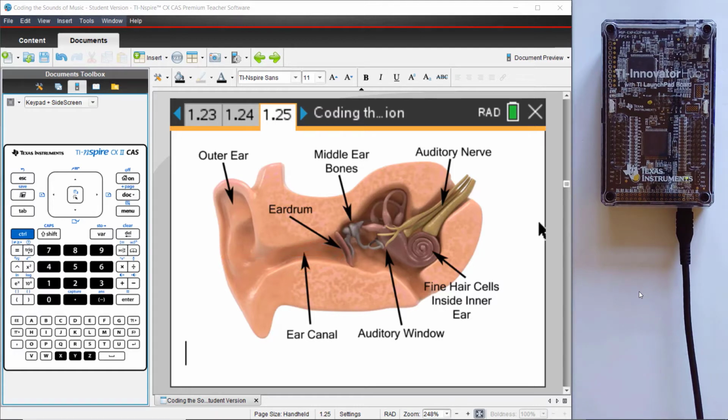The eardrum is a very thin and sensitive piece of skin. Have you ever gone up in an airplane and had your ears, quote, pop? Well, they don't really pop, but it hurts because the air pressure is different in the airplane, causing that eardrum to either bulge out or be pushed in.